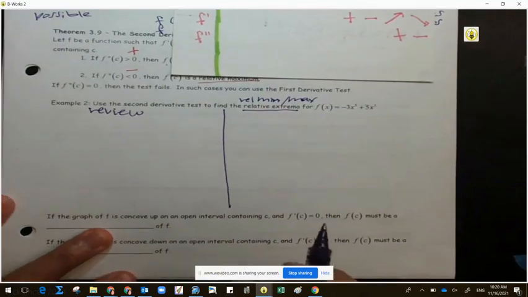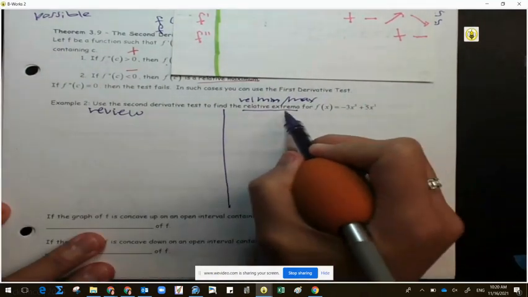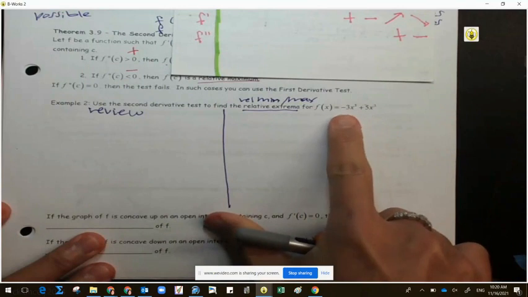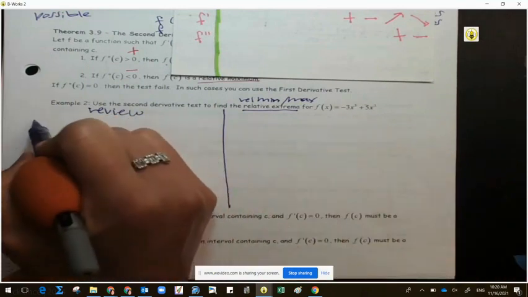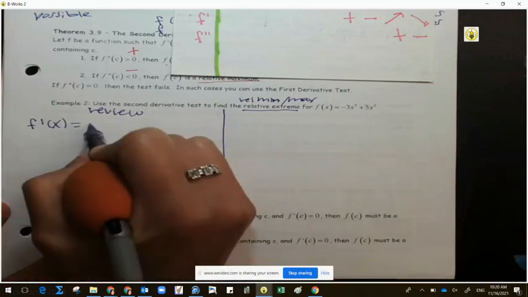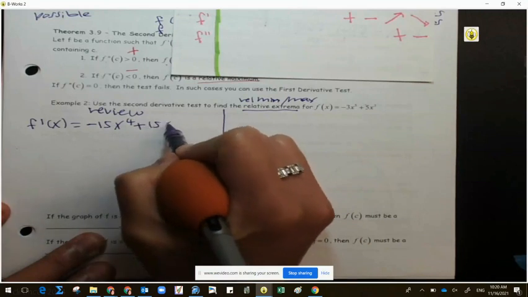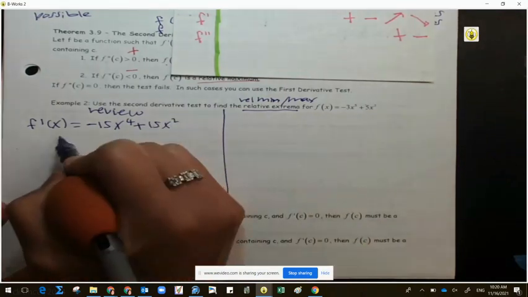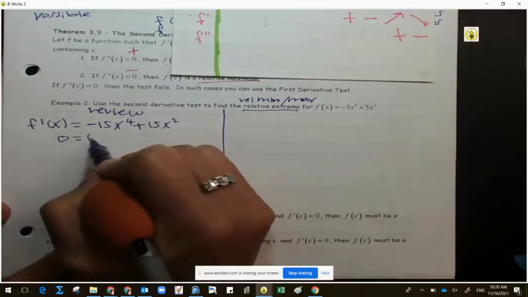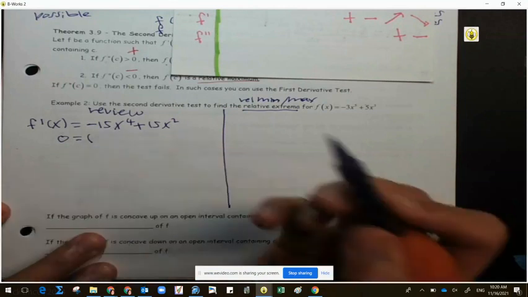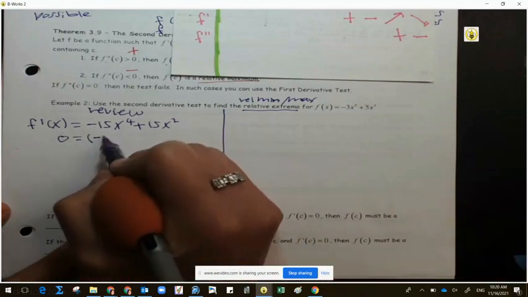So let's recap what we did last week. To find the relative minimum and maximum, to find the critical numbers, what did we do to our f of x? We found the derivative, and our derivative for this one is negative 15x to the power of 4 plus 15x squared. We set that equal to 0 and factor out our GCF. I like to take out the negative, so our leading coefficient is positive.